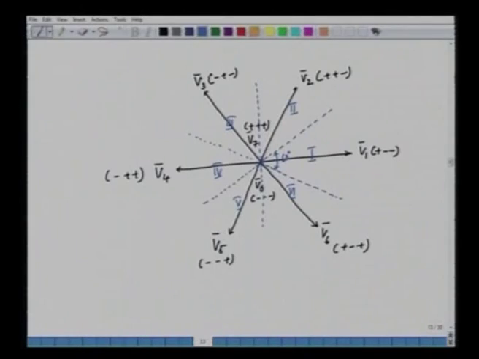And the objective here is that we have to find out the suitable voltage vector which will fulfill the torque status and the flux status simultaneously. So let us say that our original flux vector is in sector 1. So we can say that, for example, our flux vector is here. This is psi s at t equal to 0.